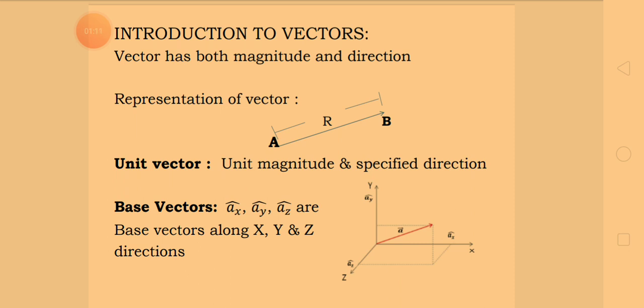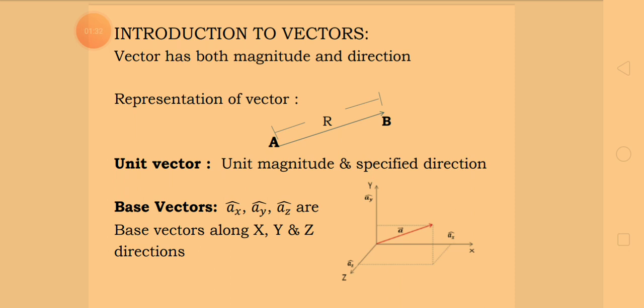When we think of a vector, we should know how to represent it. In the slide I have shown the length AB with an arrow mark. The length AB is equal to R, that is the magnitude of that particular vector, and the arrow mark designates the direction of the vector.